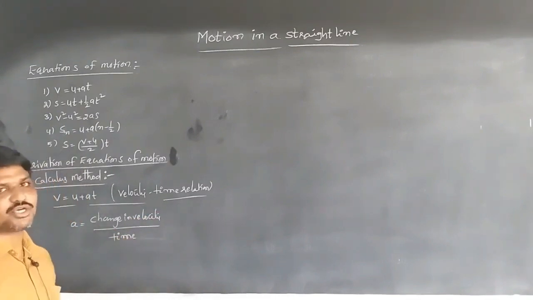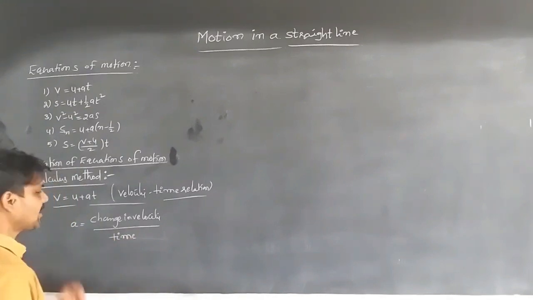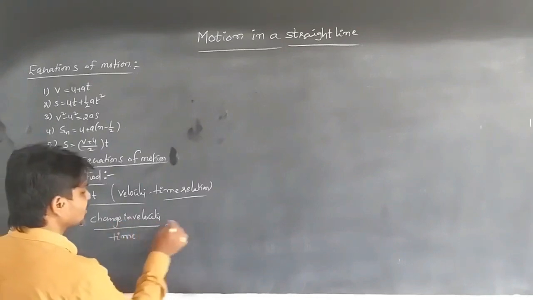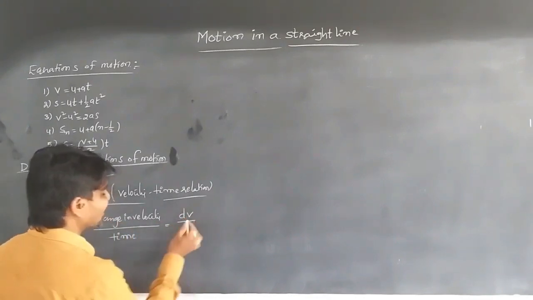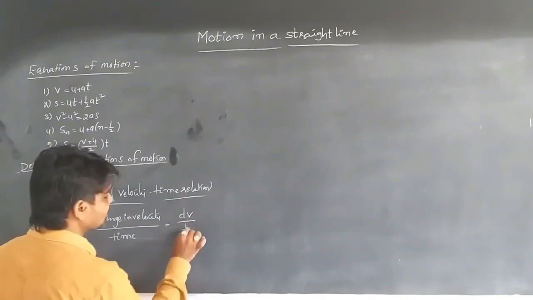The rate of change of velocity is called acceleration. So from this formula we write the change in velocity as dv, and the time has changed from initial 0 to t. So the change in time is t.